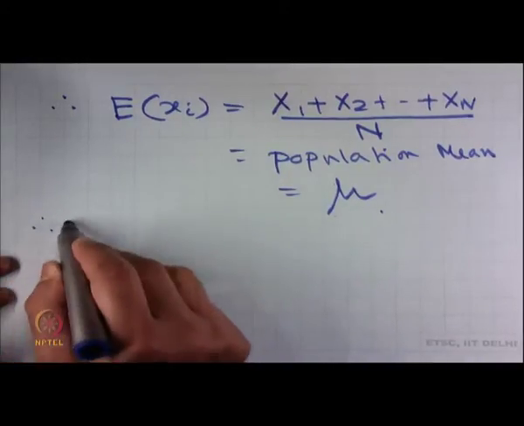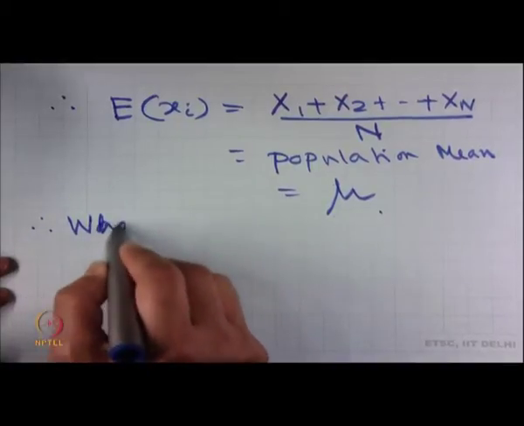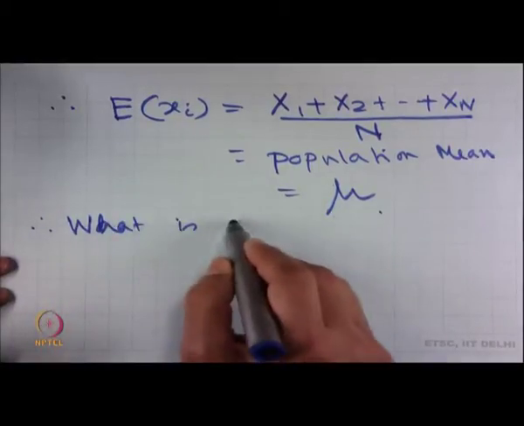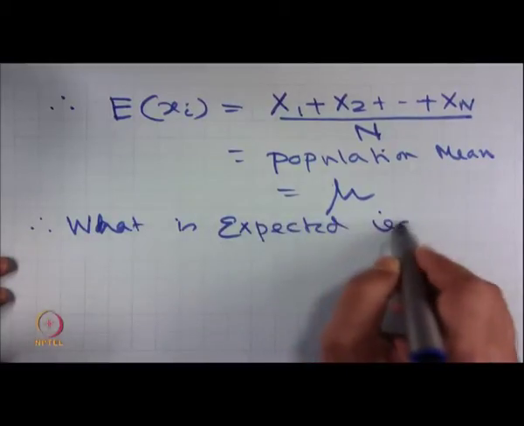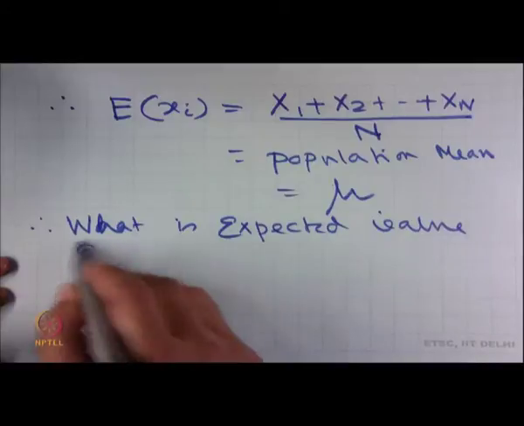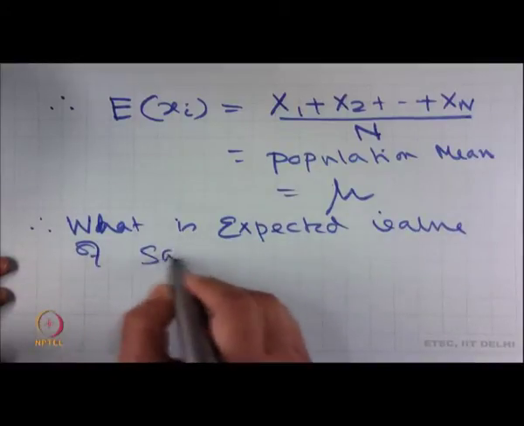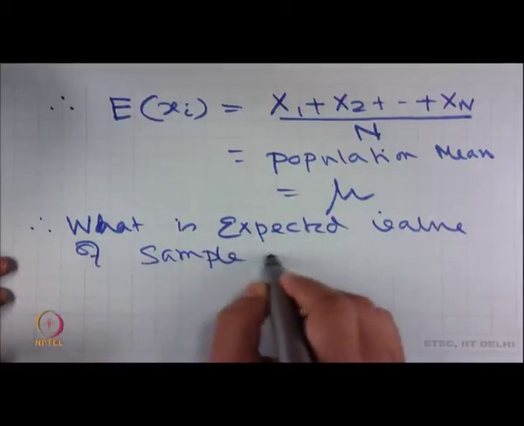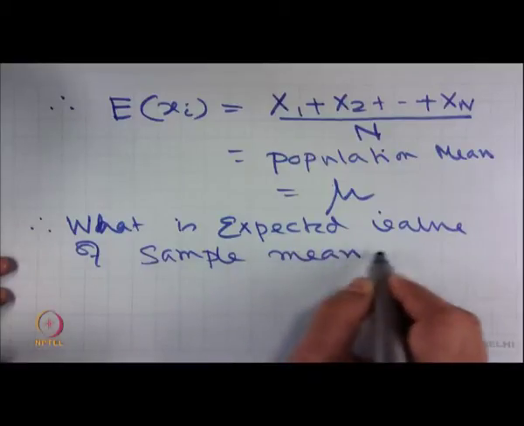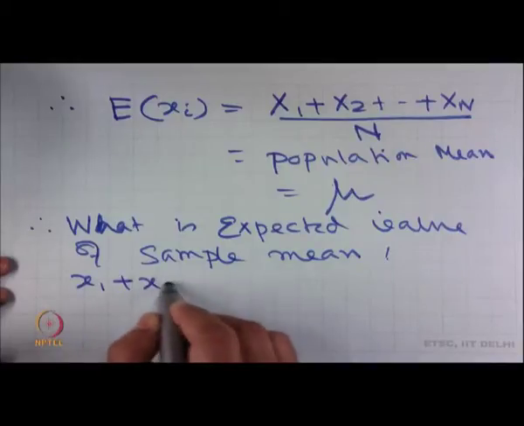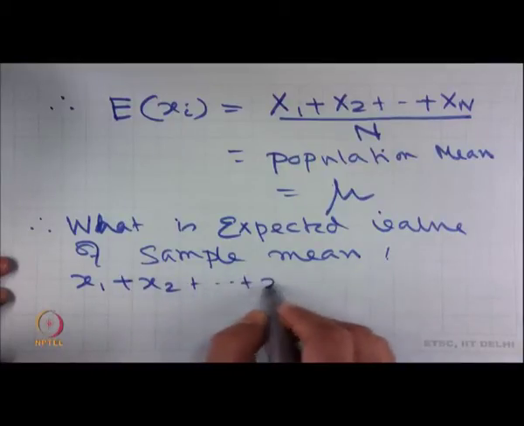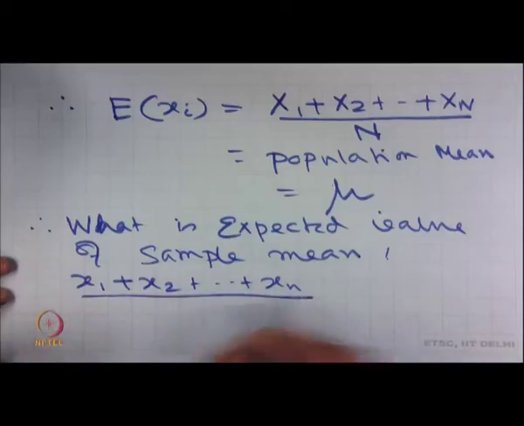Therefore, what is the expected value of the sample mean, which is x1 plus x2 plus xn upon n?